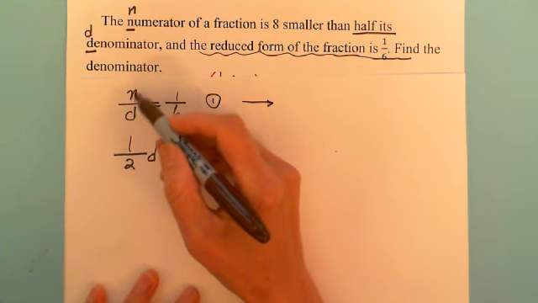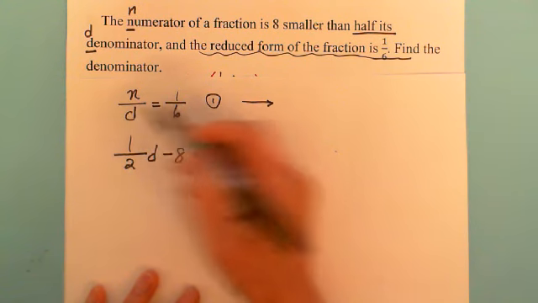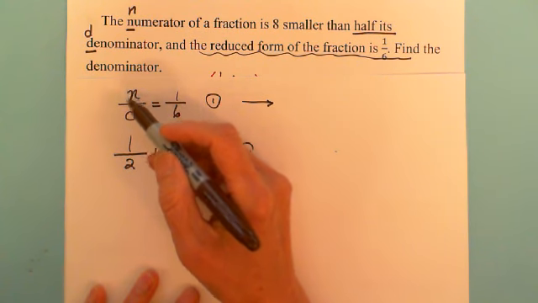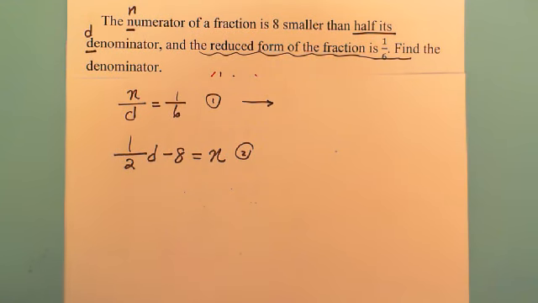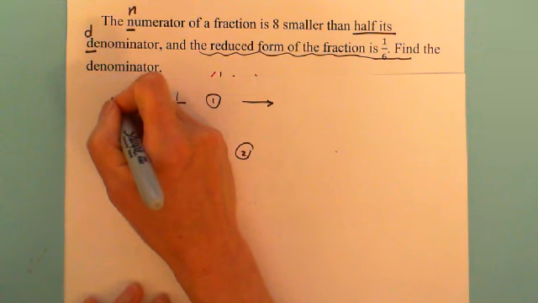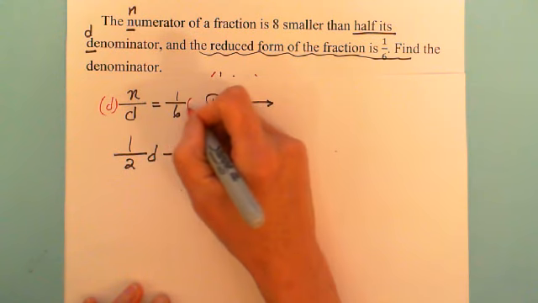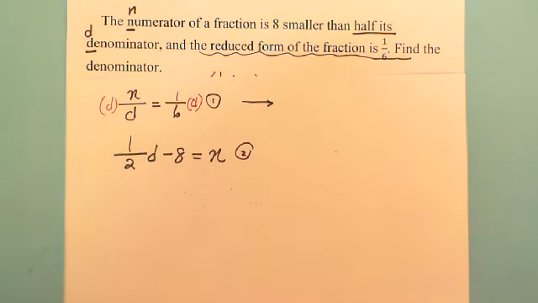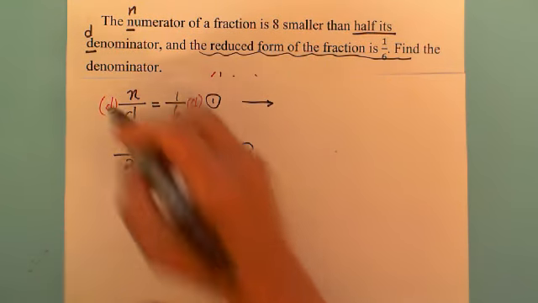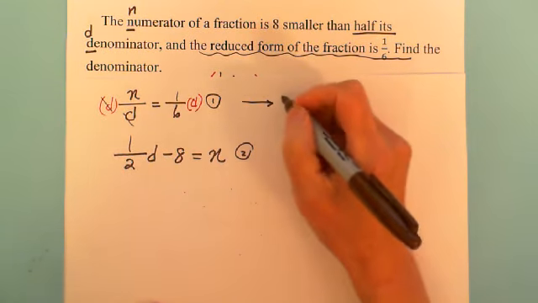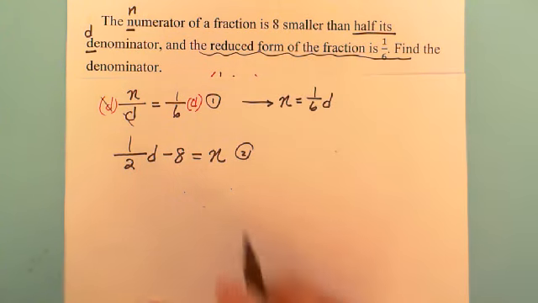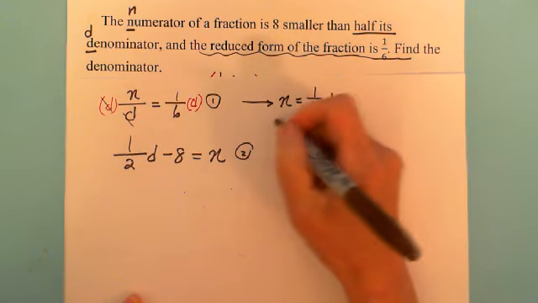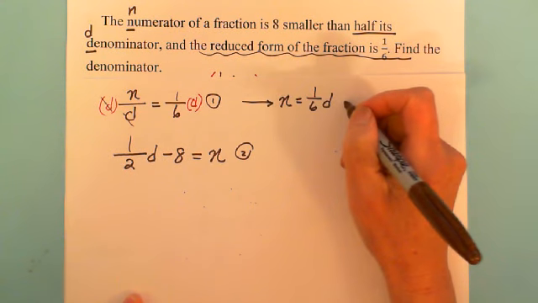You can multiply d for both sides because you want to simplify this equation without denominator. Then you cancel this d with that d. So you have n equals 1/6 d. And then the first equation becomes that one.